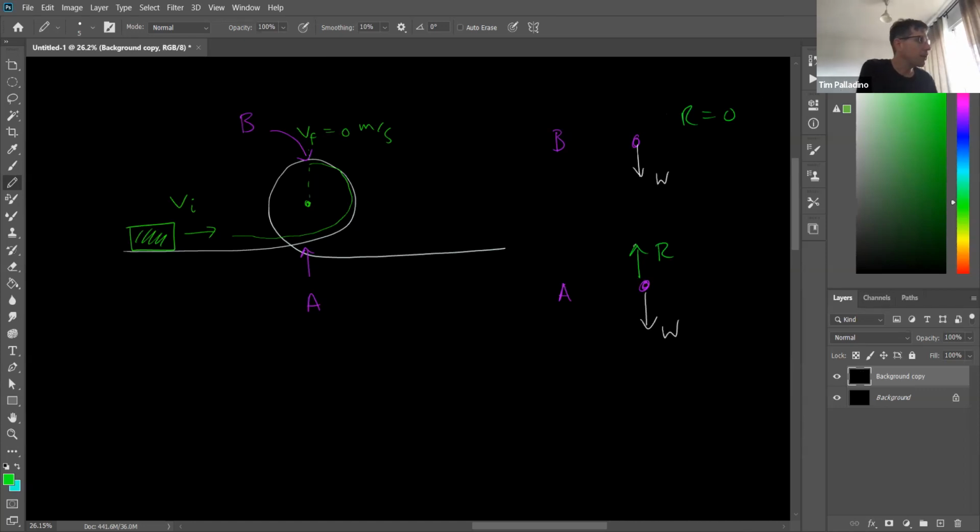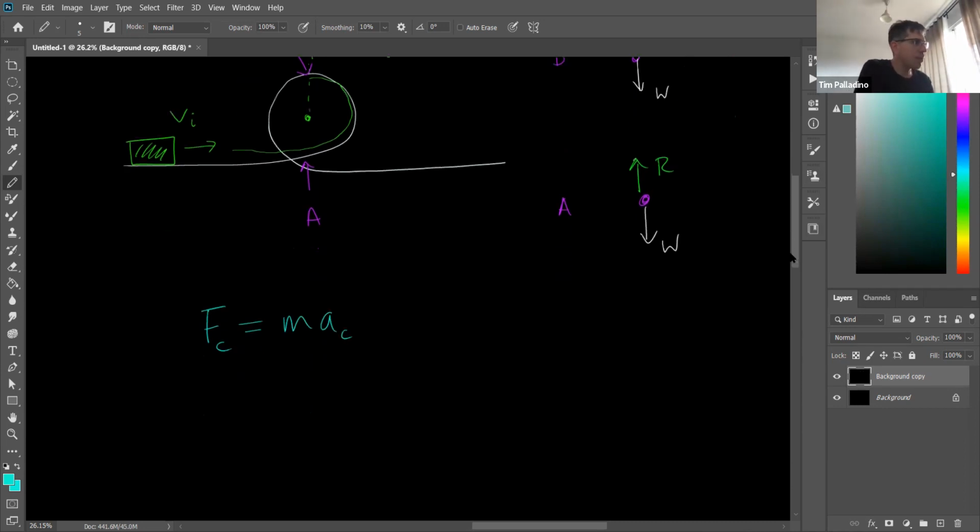So what we have here is an object that's moving in a circular motion, and so it's subject to Newton's second law of motion for a circle. The centripetal force is equal to M times A_c, the centripetal acceleration.